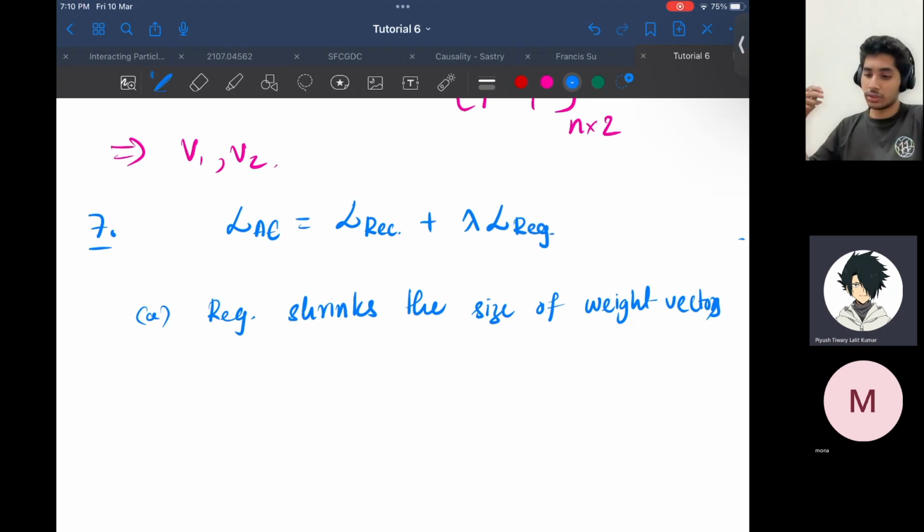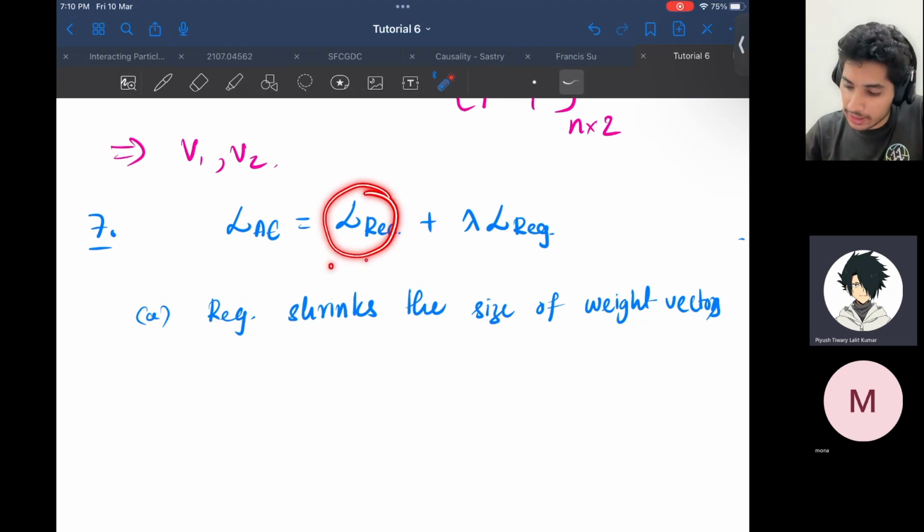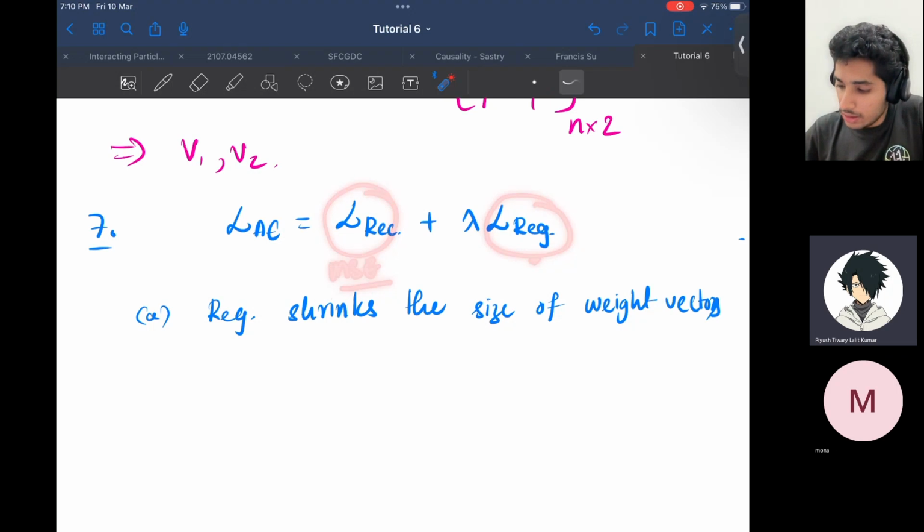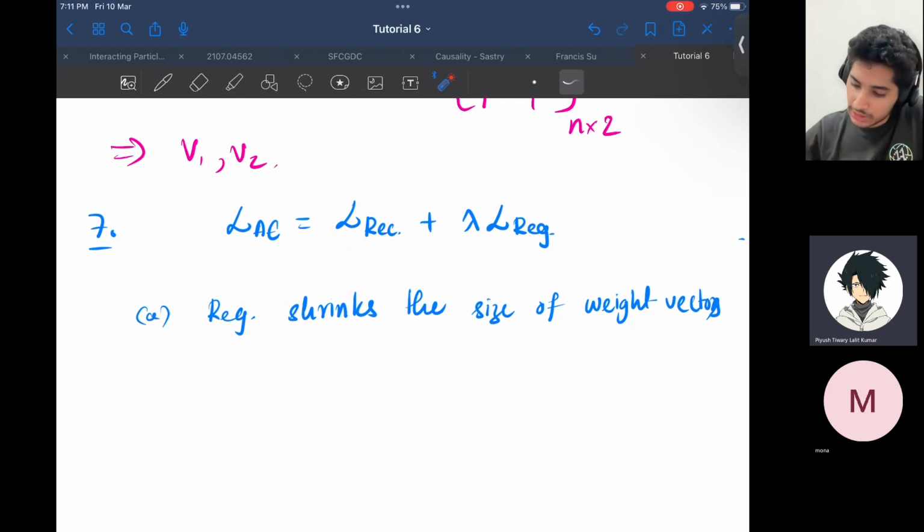So this is a regularized autoencoder. This is what we mean when we say regularized autoencoder. The reconstruction loss could be anything like MSE loss or something like that. However, L regularization is something that depends on what we want. So this can definitely be achieved.